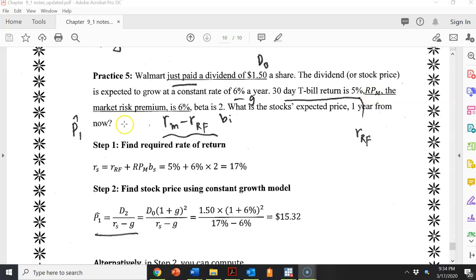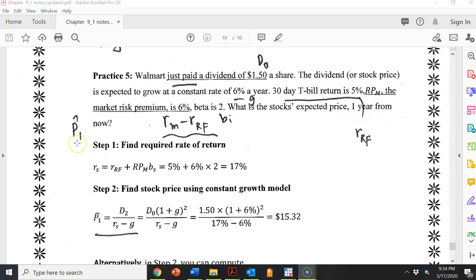RPM, the market risk premium, is 6%, which means RM minus RRF is 6%. This time we're not getting market return, we're getting market risk premium. So it's not RM, it's RM minus RRF as 6%. Beta is 2. What is the stock price 1 year from now?